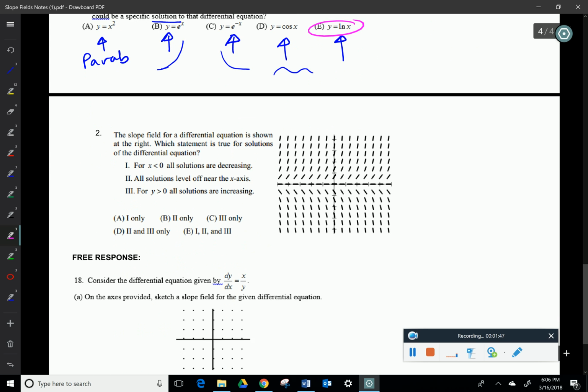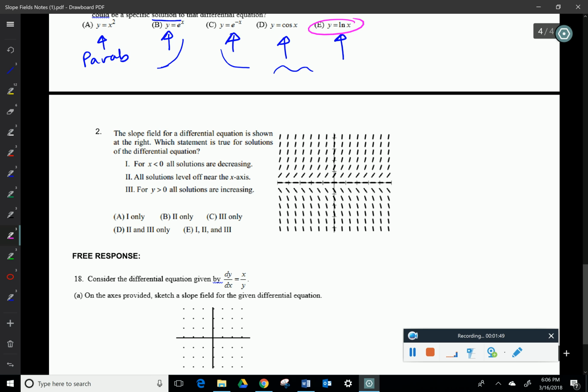So on this next one, the slope field is given at the right. Which statement is true for the solutions? Before I even read the choices, they're talking about the curve that's shown. If you look at this particular slope field, hopefully you'll notice that there's really two different shapes represented, and it all just depends on what point they say that you want your curve to go through.